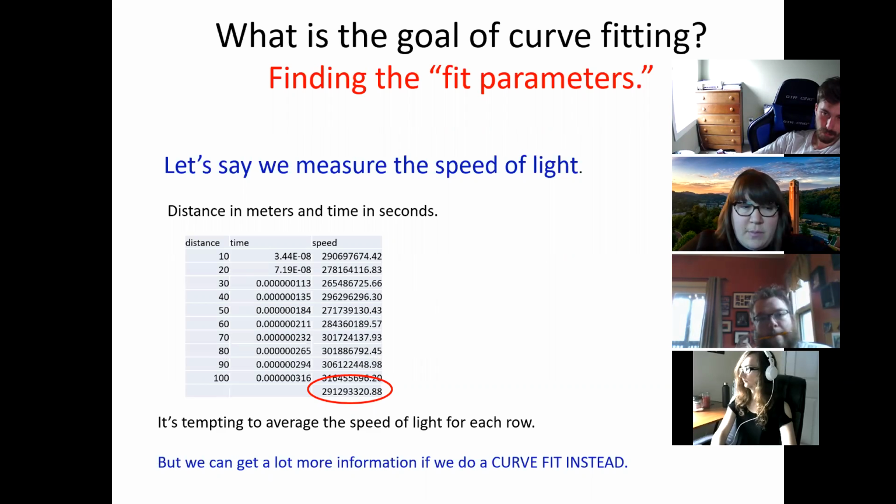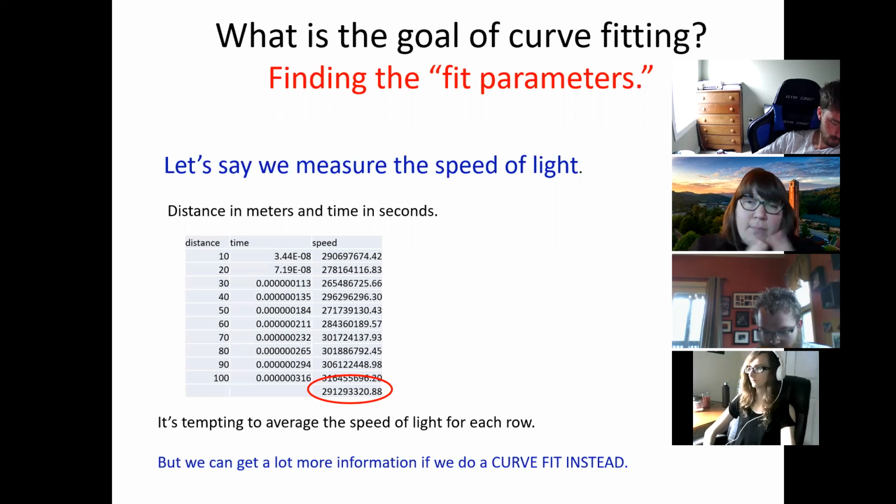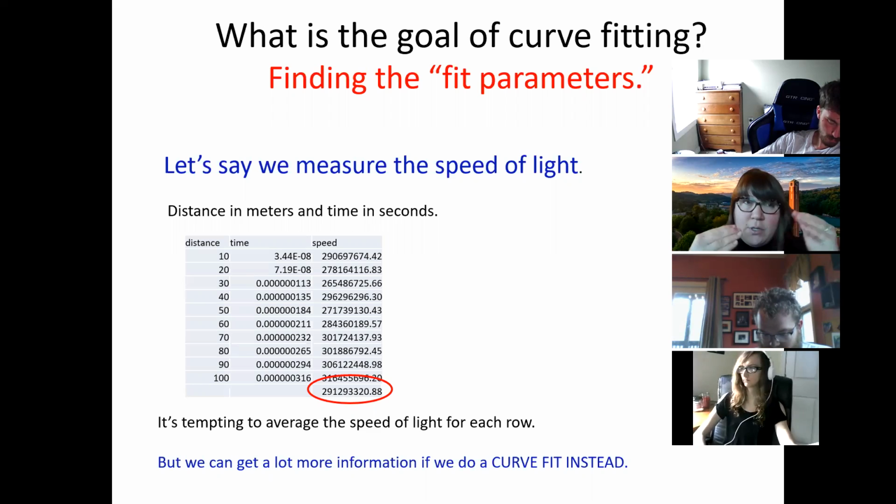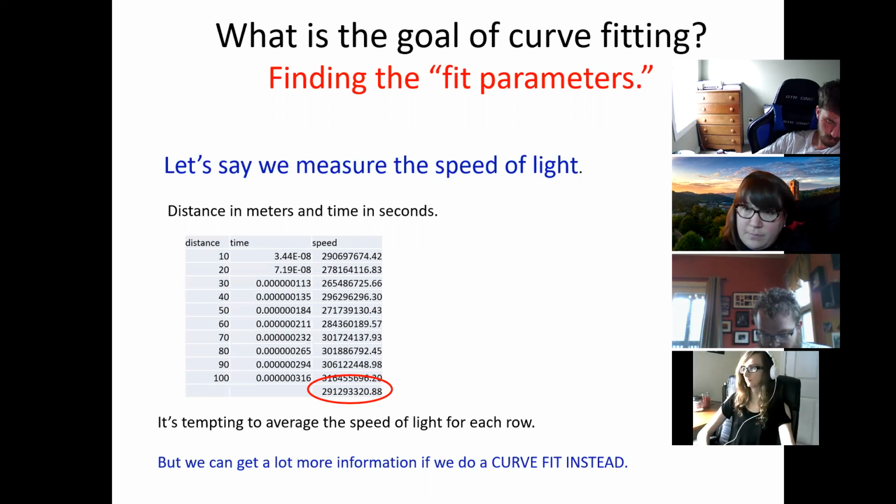And not only is it more information, it's going to be more accurate, because a curve fit takes into account all the points together at the same time. The whole data set is considered at once instead of one data point at a time.